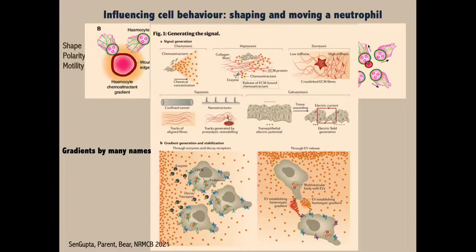So you could ask, what is the signal that causes a neutrophil to actually appear at the wound site? A number of different kinds of signals could attract cells to move towards it.